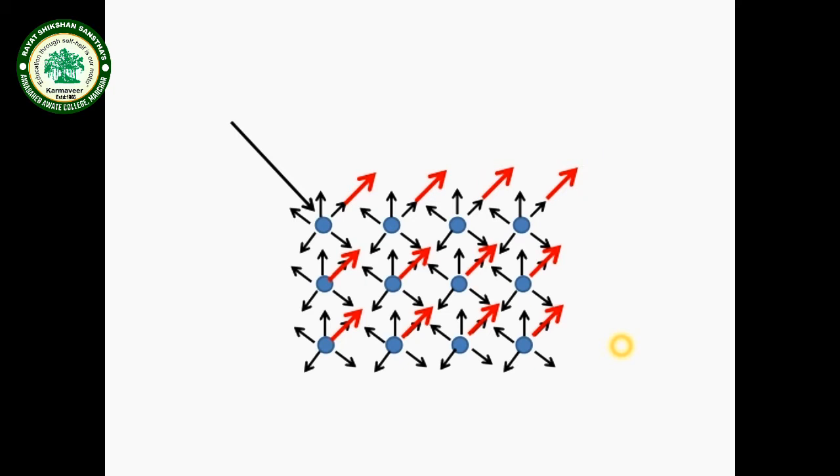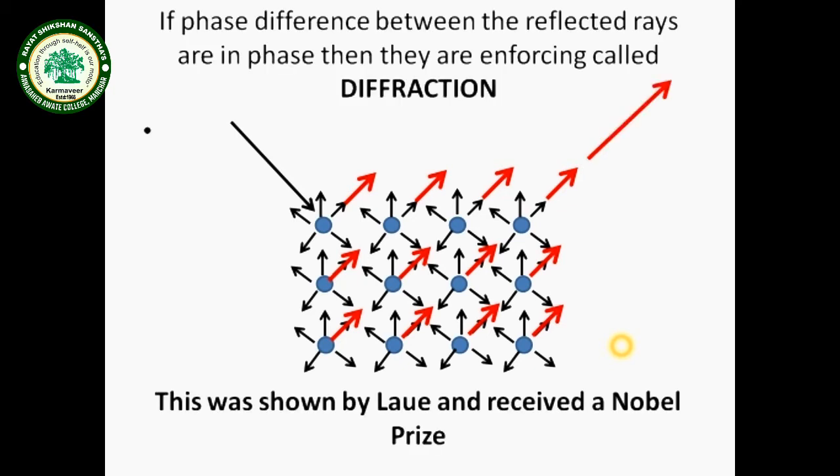And if they meet in phase, they will produce constructive interference, and therefore intensity will be maximum. If they meet out of phase, then intensity would be minimum.